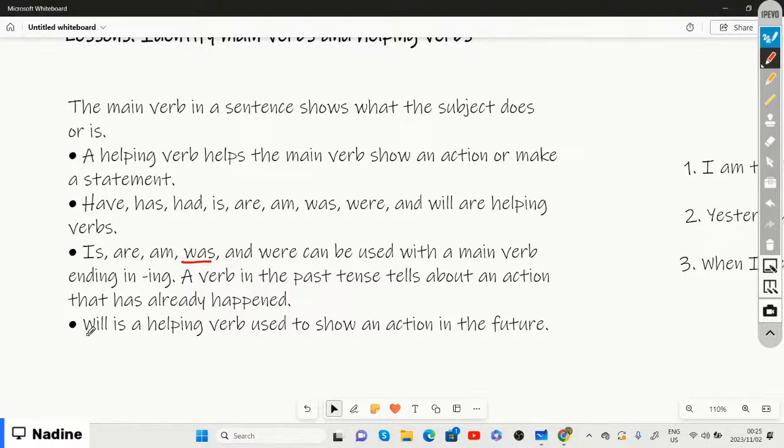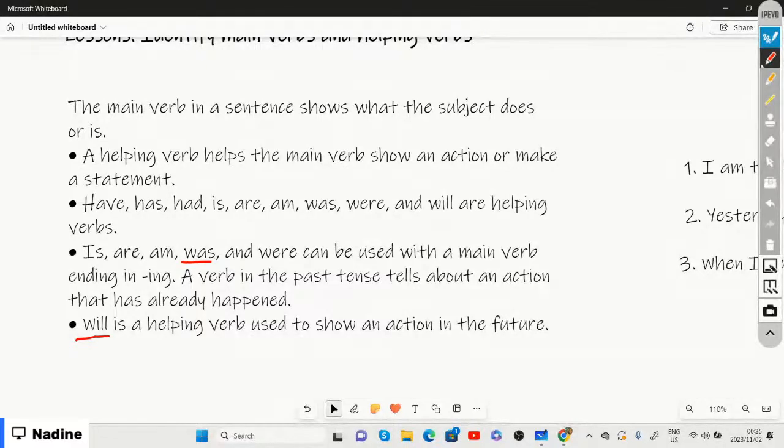If we put the word will in front of the main verb, right? I will go to the store. Then the word will shows the action that will take place in the future, right? So that is basically how we can identify main verbs in a sentence.